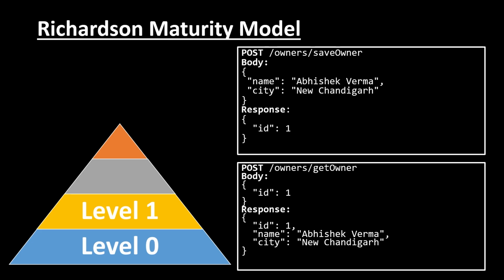Just with the help of post, you can keep on doing everything. Because mainly it is what you are writing in your methods internally. That logic depends. If your logic says that you are going to save the owner, you will be actually saving the owner. If your logic says you are going to fetch the owner, you are going to fetch the owner. But still, this is only level 1 of a RESTful application.